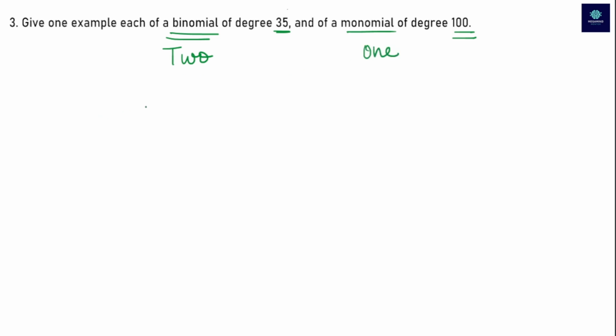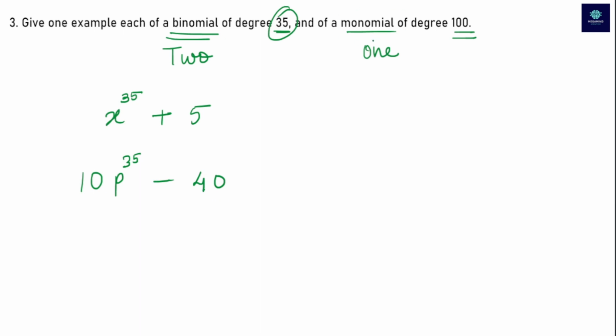So let us make that binomial whose degree is 35. So I will write here x raised to the power 35, and I will add it with, let's say, 5. So this is a binomial. Let me give you another example. I can write it 10 p raised to the power 35 minus 40. Even this is a binomial.